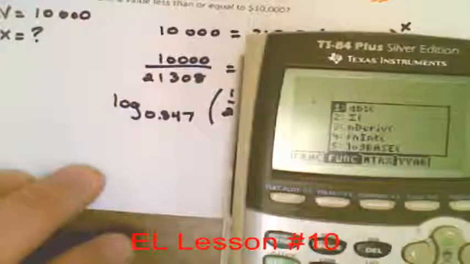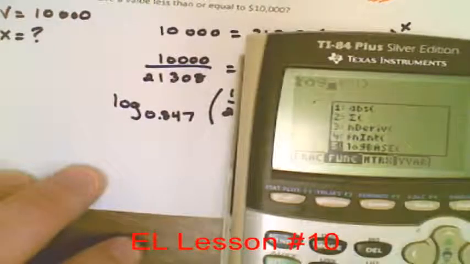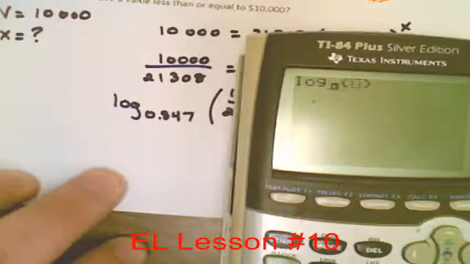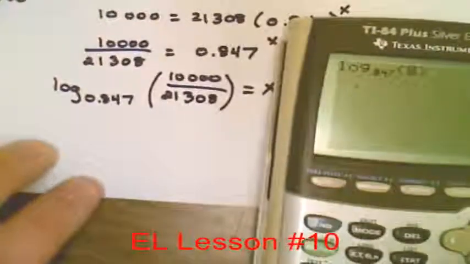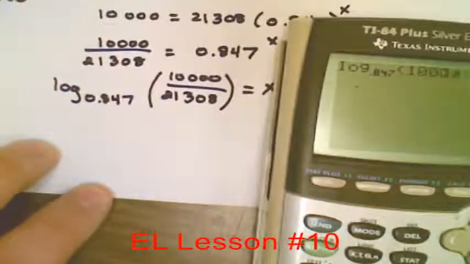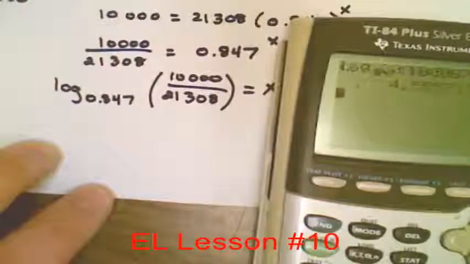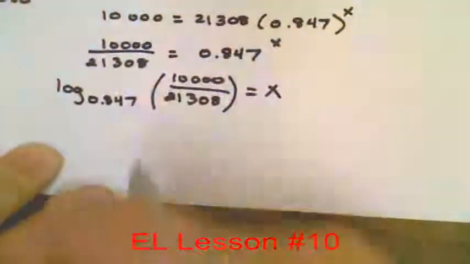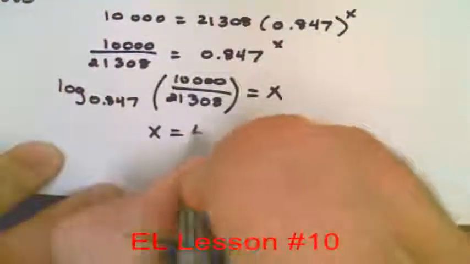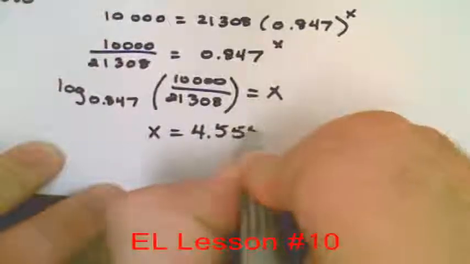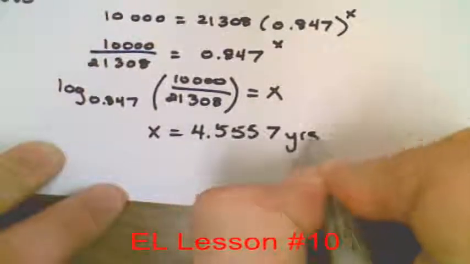So I'm going to get 10,000 divided by 21,308, and that equals 0.847 to the power of x. Then from there I convert it to log form. So it's going to be the log base 0.847 of 10,000 over 21,308, and that equals x.